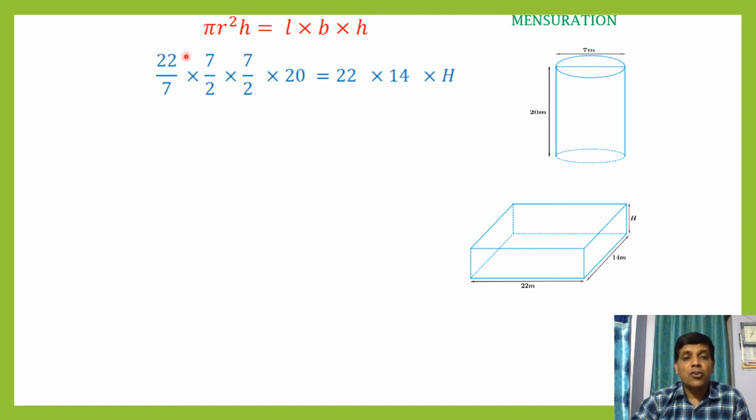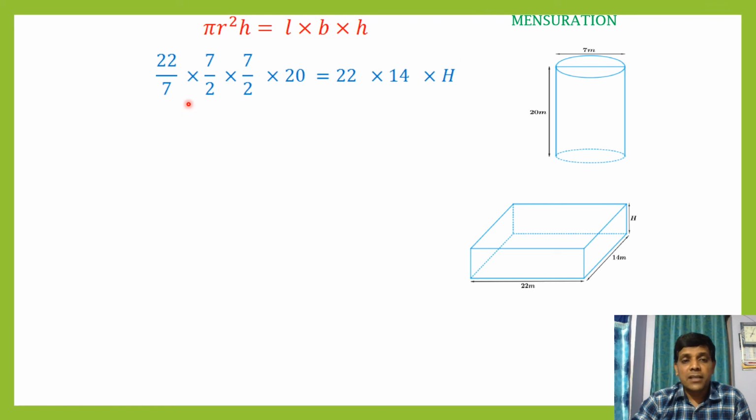Pi means 22 by 7. R, the radius of the cylinder, is 7 by 2 or 3.5, so r square is 7 by 2 into 7 by 2. Height h equals 20. This equals the length of the platform 22 into the breadth 14 into the height h. So we have to find the value of h.